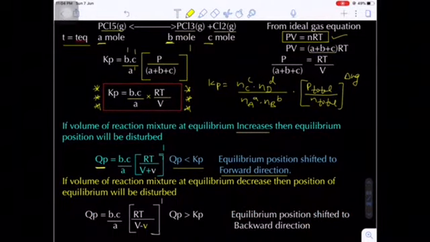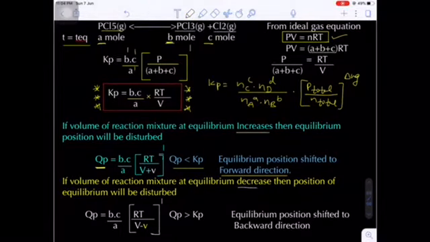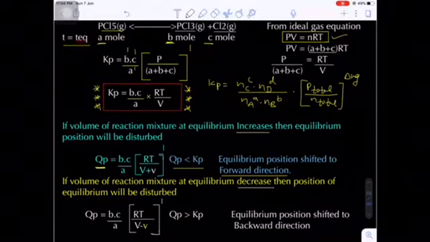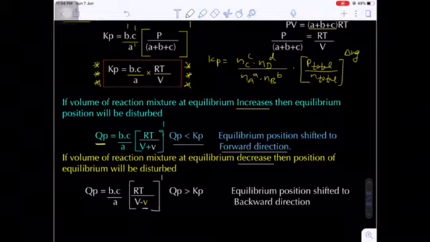Suppose you are decreasing the volume of the system at equilibrium, then what happens? Here in the denominator, instead of capital V, I am writing capital V minus small v because we are decreasing the volume. So the denominator decreases. That means the Qp value increases compared to Kp. So Qp is greater than Kp.